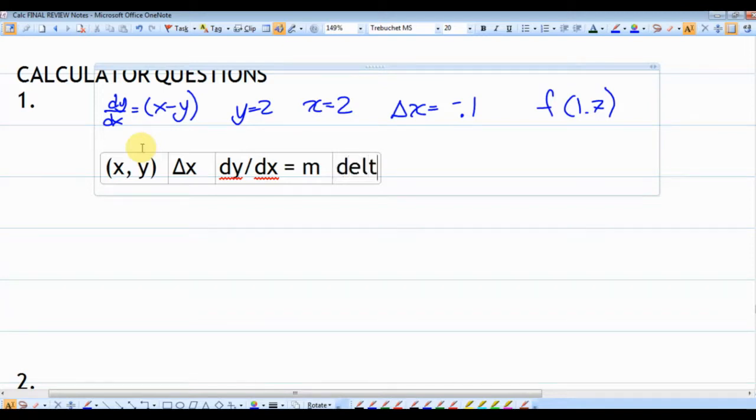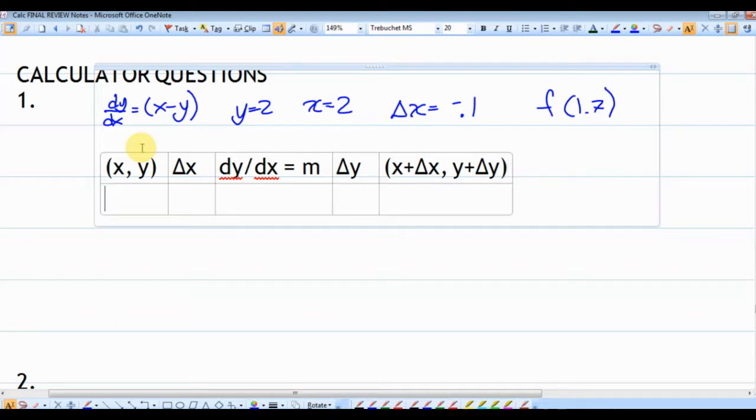Then we'll have delta y. Then lastly, x plus delta x, and y plus delta y. Okay, let's start off with x, y. Our x, y is 2, 2. Delta x, we're told, is negative 0.1.